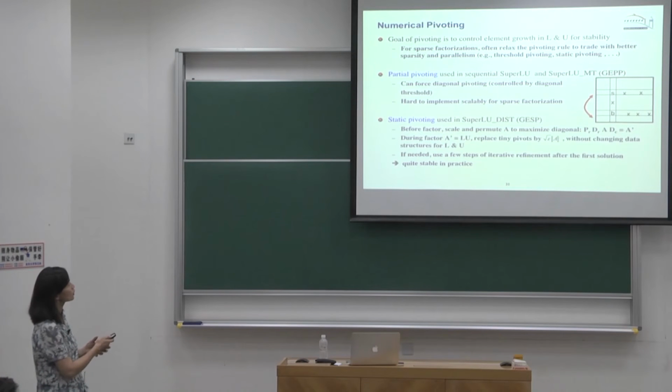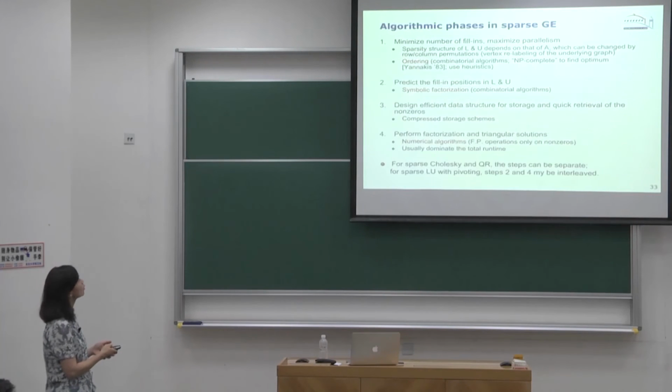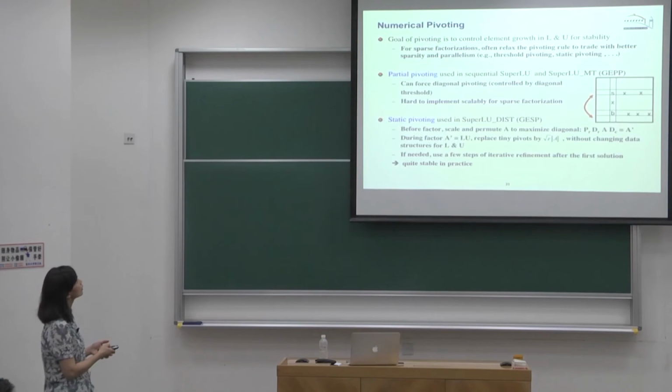So in the distributed case, partial pivoting, when you do this swapping, is very difficult to implement on a bigger machine. So in a distributed solver, for example, the solver we have worked on, where did it go? Okay, here. The solver we have worked on is actually using something called static pivoting.